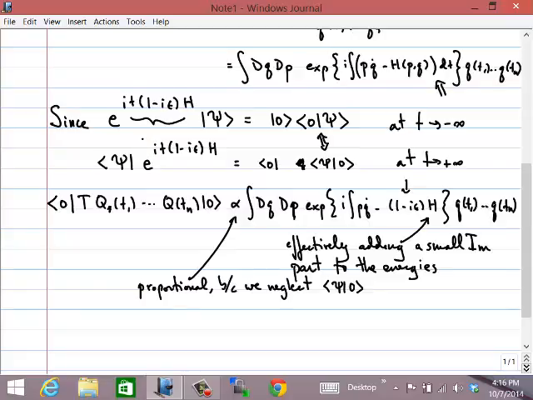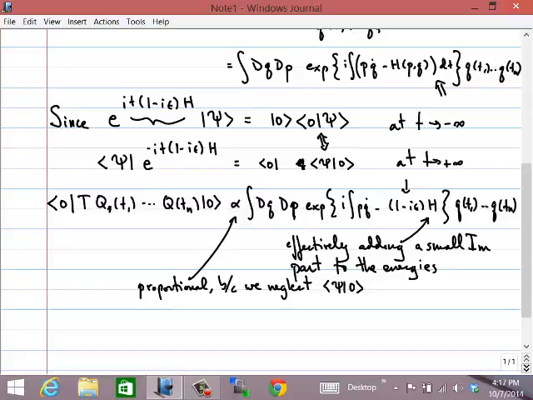I'm just imagining that I have some operators that I'm taking expectation values of, and they're evolving by time evolution in the usual way. And no, I guess that's right. You would get an e to the minus i t appearing there.